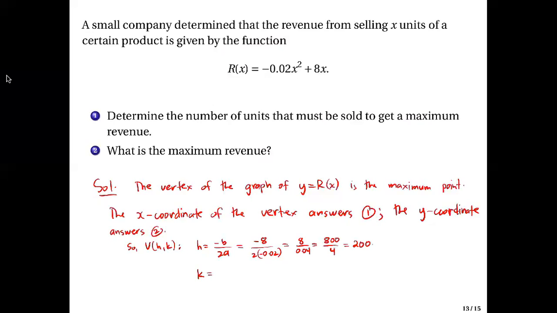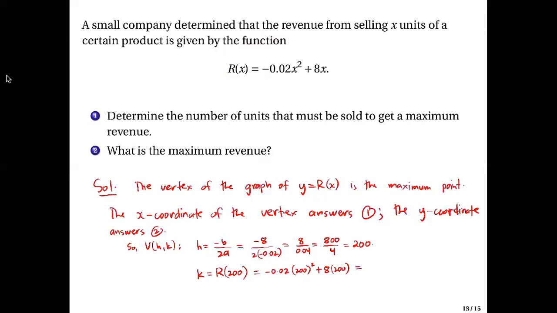k is just R of 200. But R of 200 is just negative 0.02 times 200 squared plus 8 times 200.